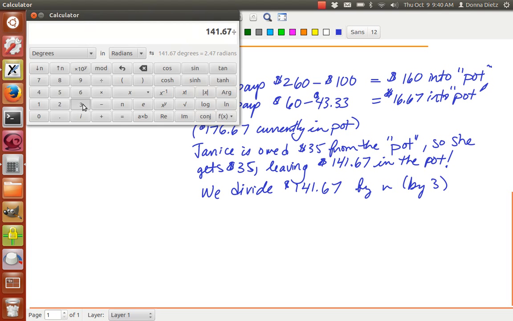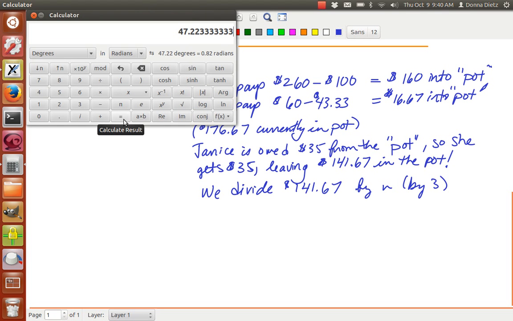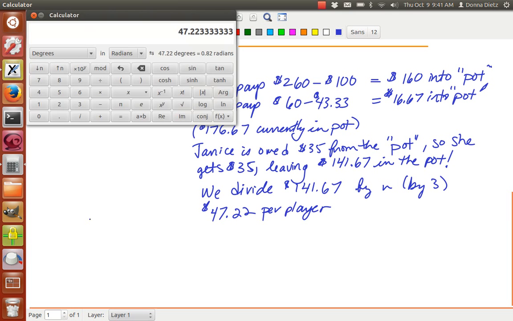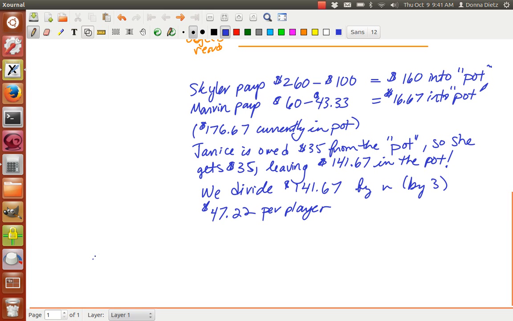So divide by 3 equals $47.22 per player. So what each player gets is $47.22 more than they think is their fair share. You see, this way, first of all, everybody gets their fair share, and then there's $47.22 left over per player.